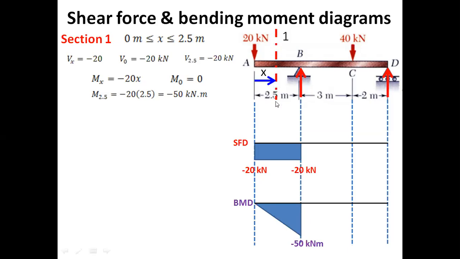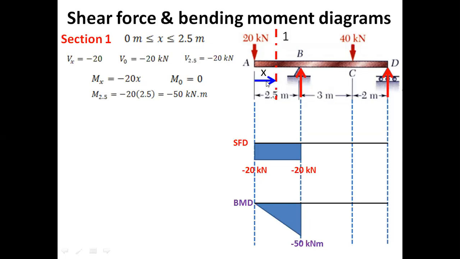Here you see that I have taken section 1, and this section would work from this point of the beam up to this support, that is point P. So this section would work from 0 meter. We are measuring the length from here. So this section would work from 0 meter to 2.5 meter.